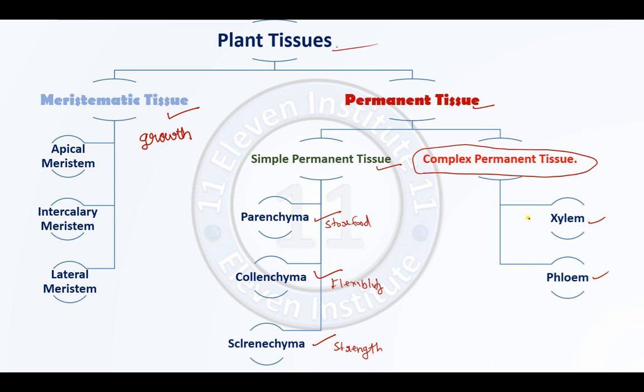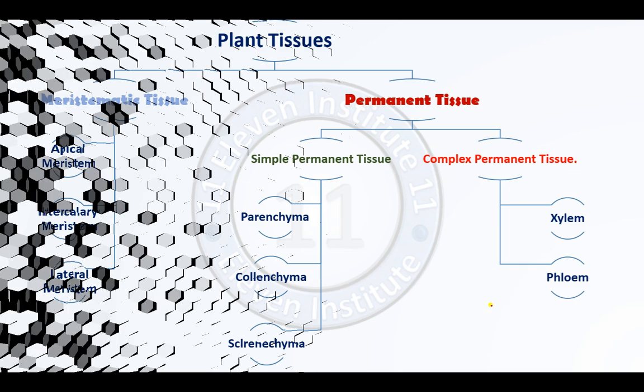In xylem there will be 3 to 4 different varieties of cells or components, but ultimately they will work together to achieve a common function, which is transport of water. Similarly, in phloem there will be 3 or 4 types of components, working together to achieve a common function, which is transport of food materials throughout the plant body. Right, so now let us see them in detail.